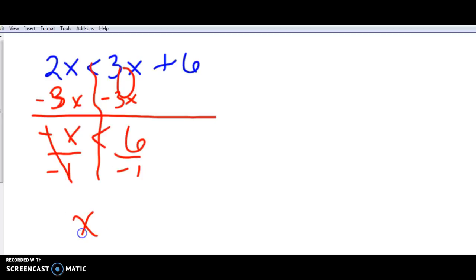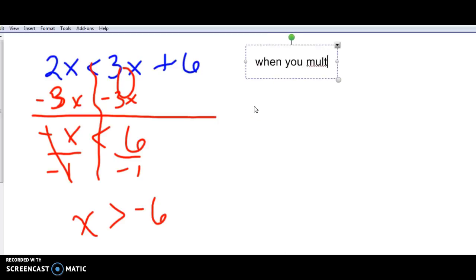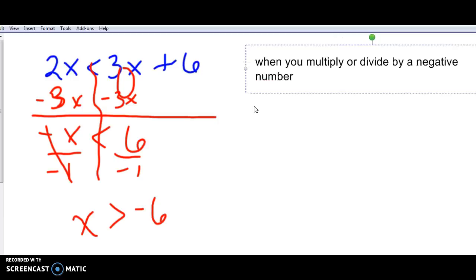So you may remember that when you multiply or divide by a negative number, you must switch the sign. Now, it doesn't matter if the number is negative to start with.